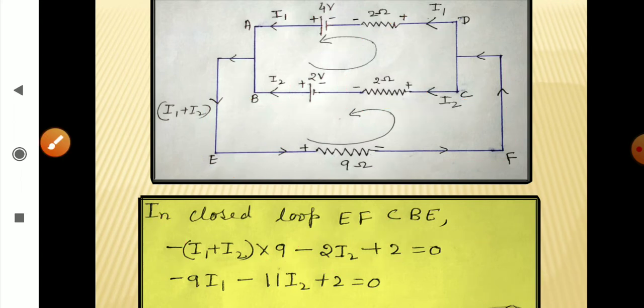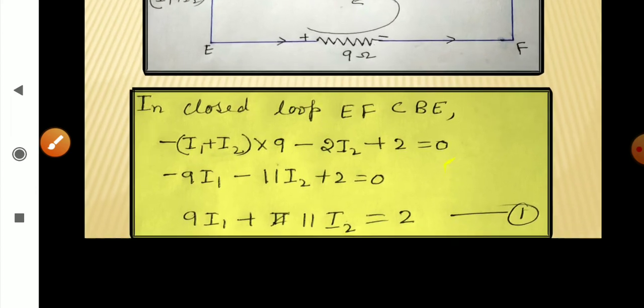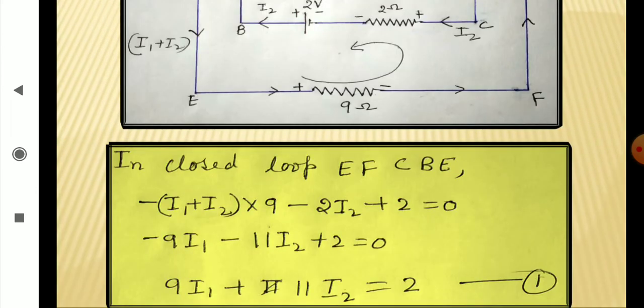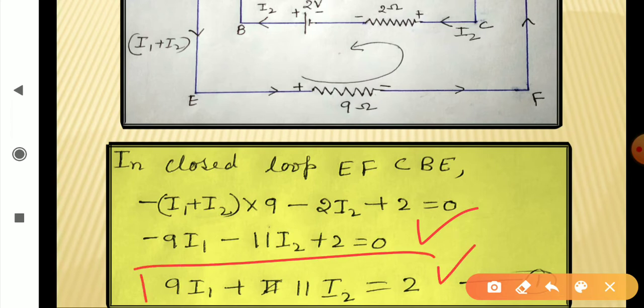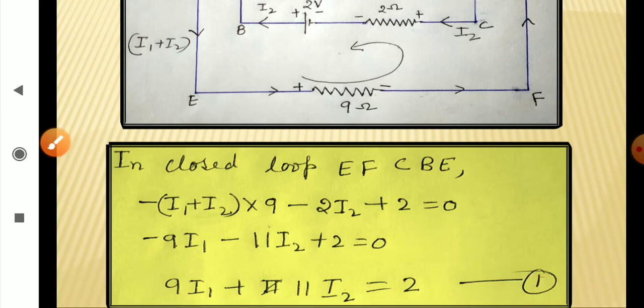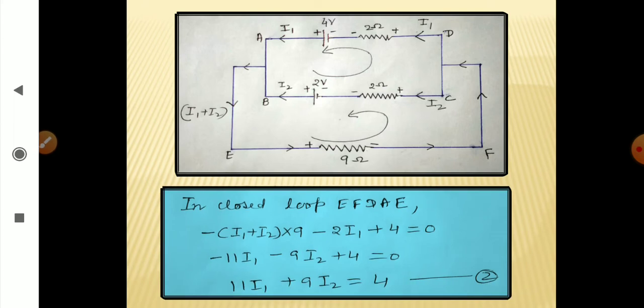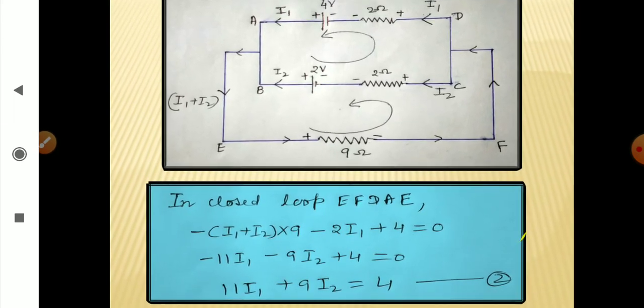Now simplifying this equation, you will get these steps, and let this be the first equation from this first loop. In the same way, we'll write two more equations. So circuit once again for your reference.